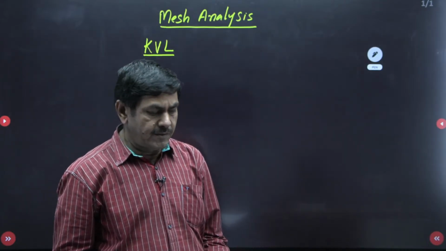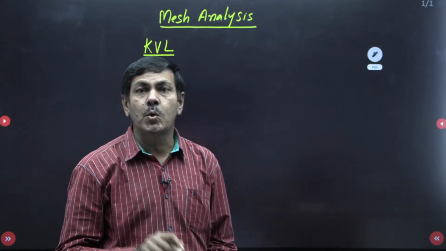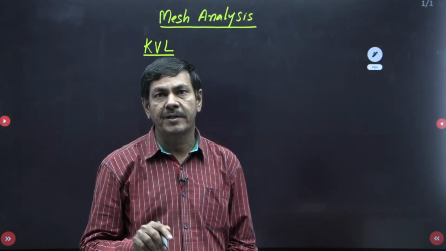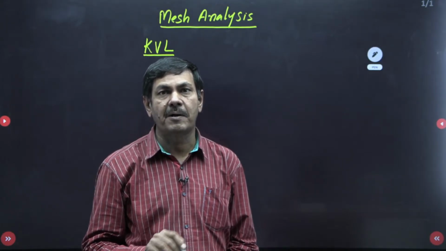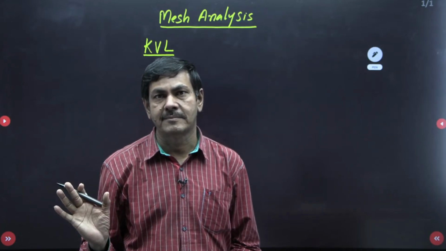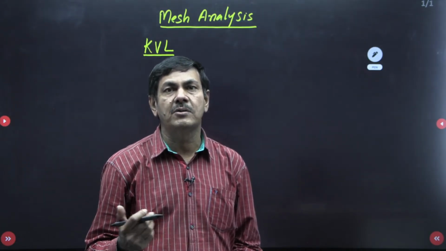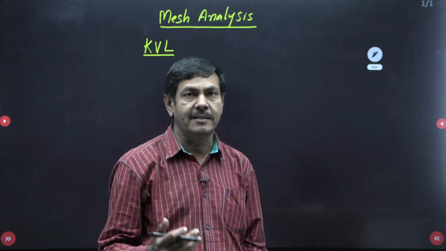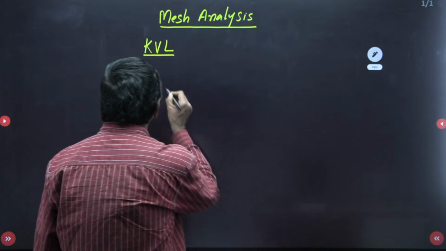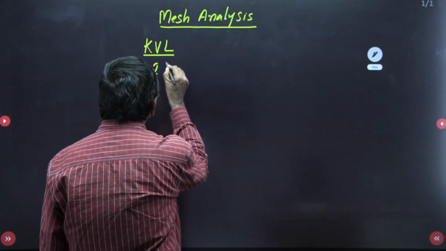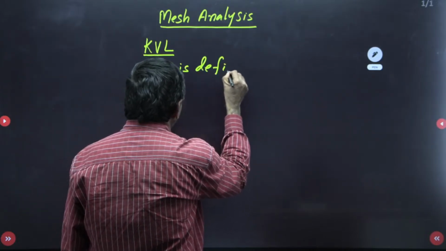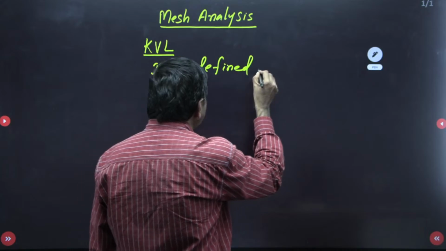The Kirchhoff's voltage law is defined in a closed path. KVL, we are going to use only in a closed path. That is, loop or mesh is more important. Without mesh and loop we can't apply the KVL. That's why you can write one sentence now: the KVL is defined in a closed path.